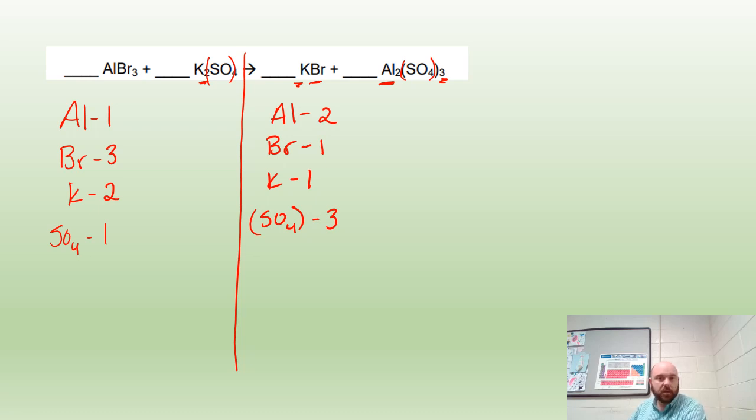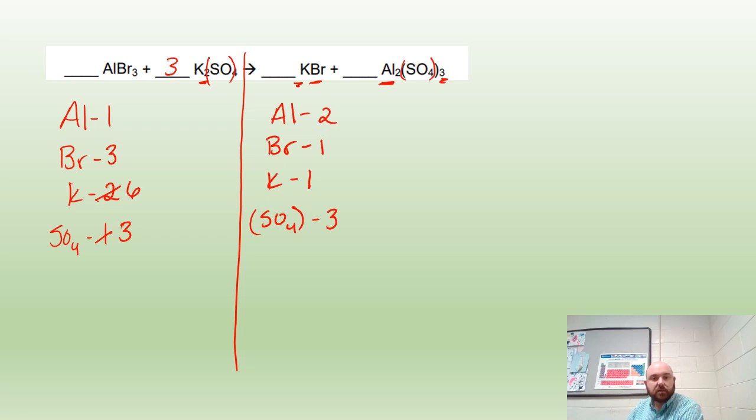All right, so we can adjust these things, probably starting with the sulfate group. If I put a 3 over here, that would mean I have 3 sulfate groups there, because 3 potassium sulfates would have 3 sulfate groups. But it would also mean I have 6 potassiums.